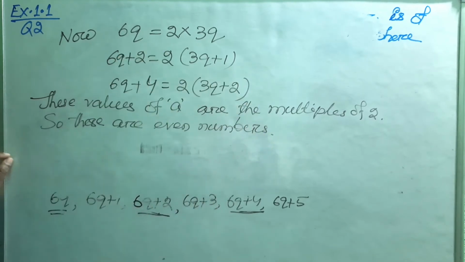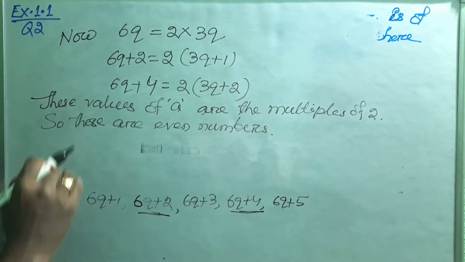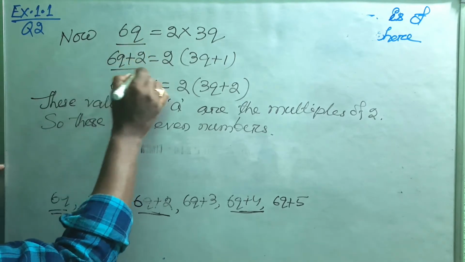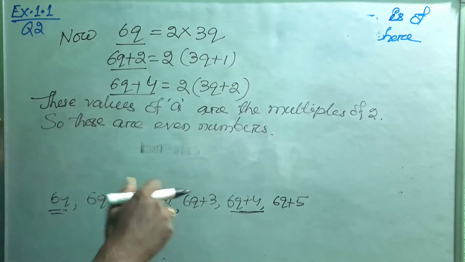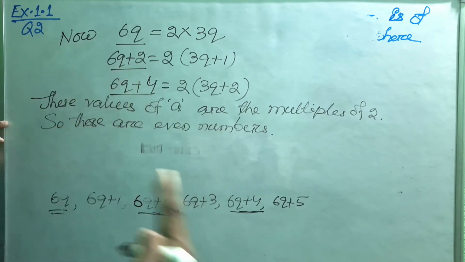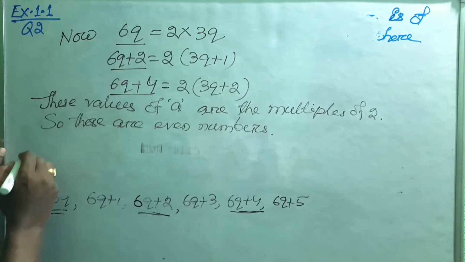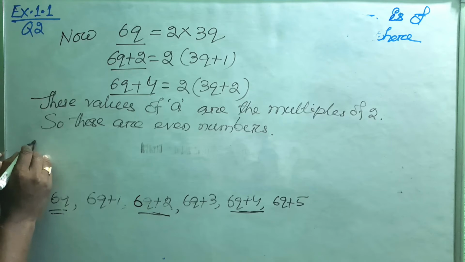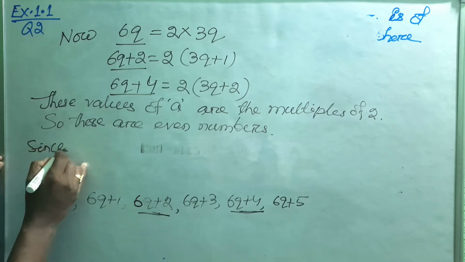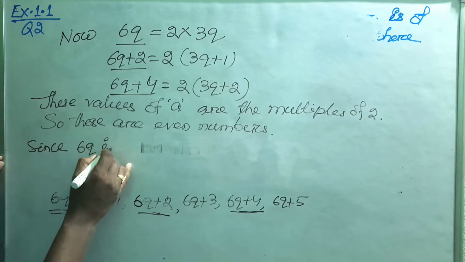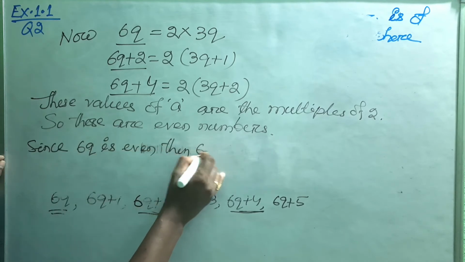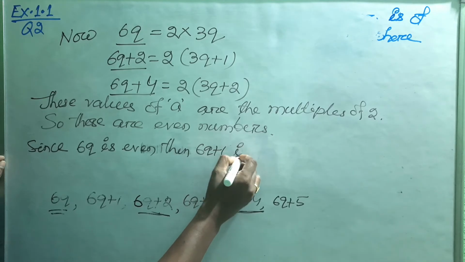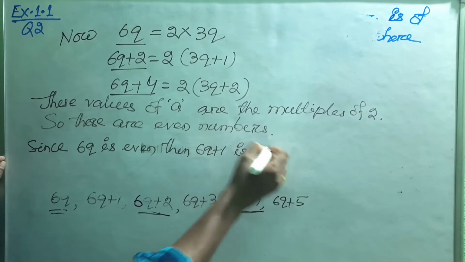If these are even numbers, then their next number, if you add 1 to them, will be an odd number. So you write, since 6q is even, then 6q plus 1 is odd.